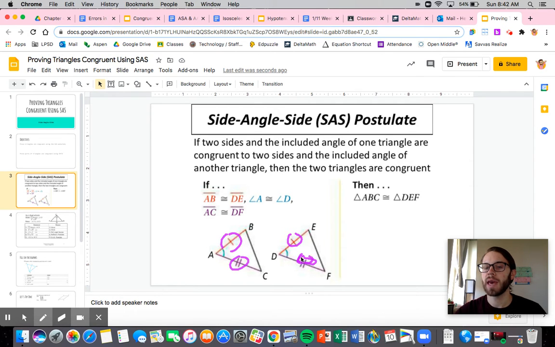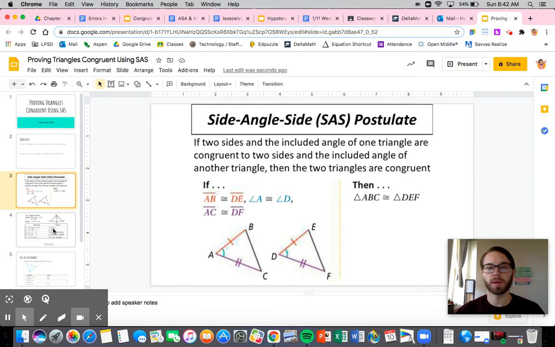And then the angle between them, so this angle over here, that angle over there, not this one over here and this one out here, that would be angle, side, side, which is not what we're looking for. We're looking for, in order, side, angle, side. So the angle needs to be between them. And if we have that, we can say that these two triangles are congruent.